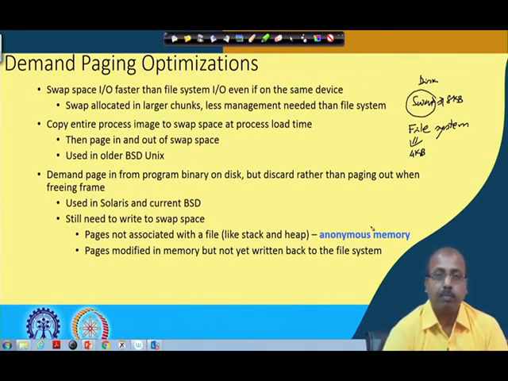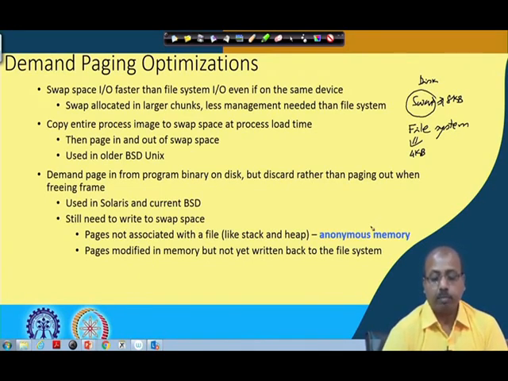Whereas, in the case of swap space, that is not the case. We just have to locate the corresponding blocks for the process. We can just keep it like that, and this is temporary. Once the process is over, all the blocks will be released. So we do not need to remember it forever, unlike the file system, where a file resides for quite a good amount of time, or maybe for the entire lifetime of the system.